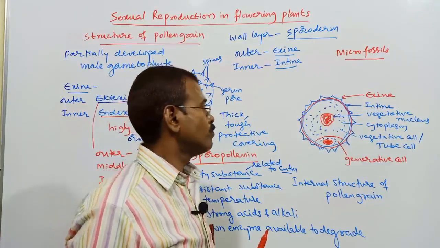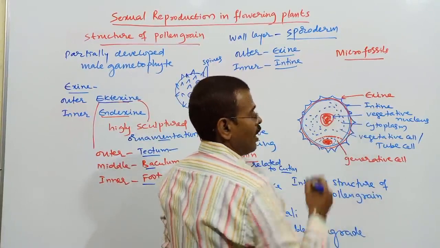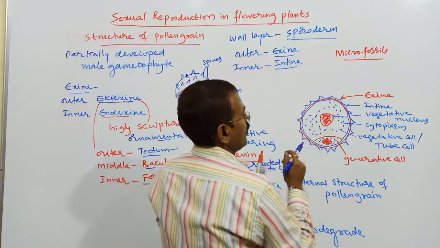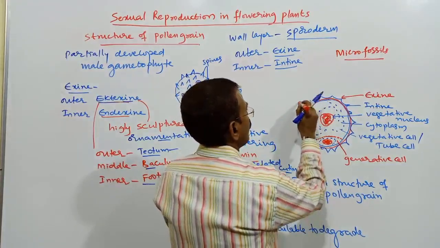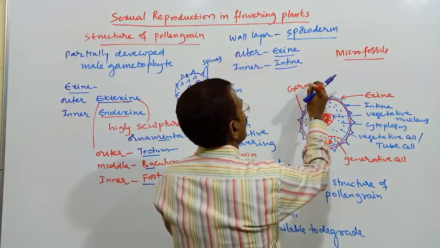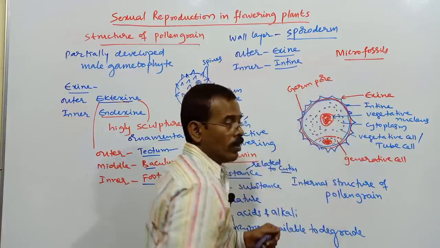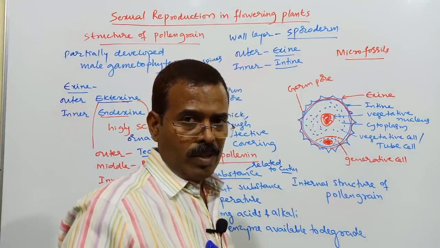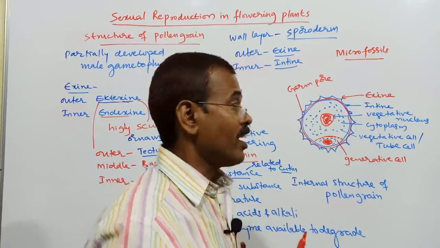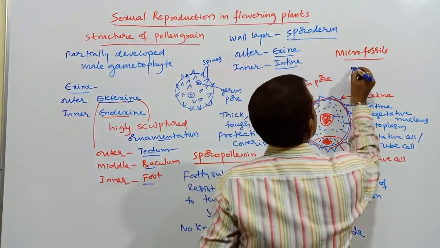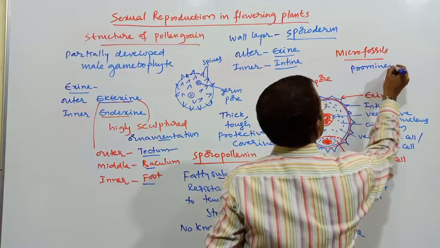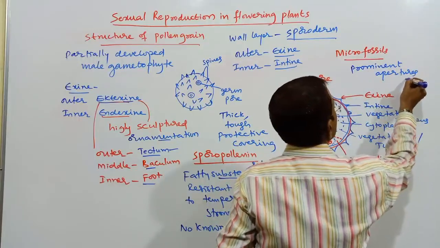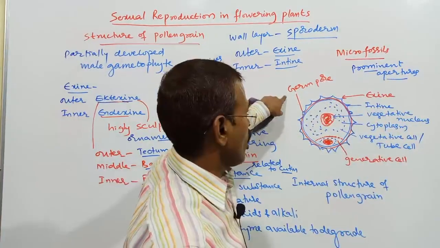Remember. So after the exine layer, now you can see here, the exine layer is interrupted here. The exine layer has prominent apertures on it, the prominent germ pores.